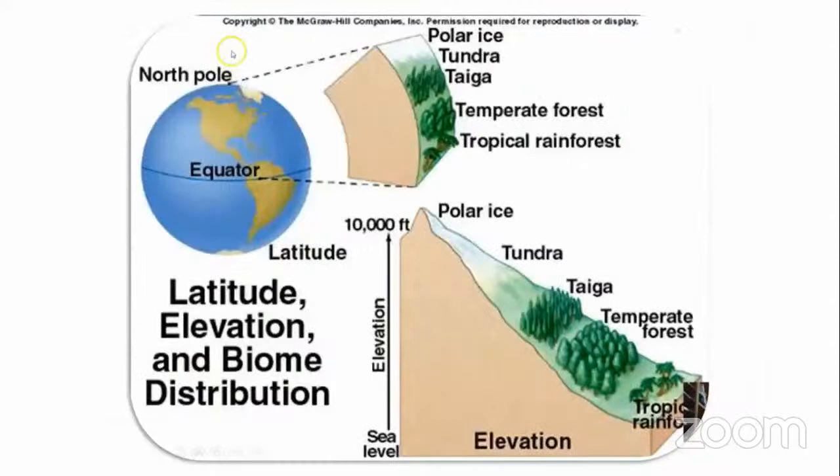And then another diagram representing the latitude, elevation, and biome distribution. So you can see in the upper hemisphere, from the North Pole to the equator, we have tundra, taiga, temperate forest, tropical rainforest. And at various elevations, you can see sea level, and then we can have a distribution of various biomes.